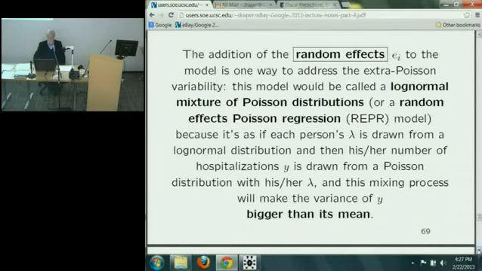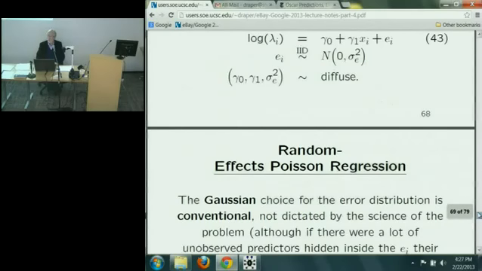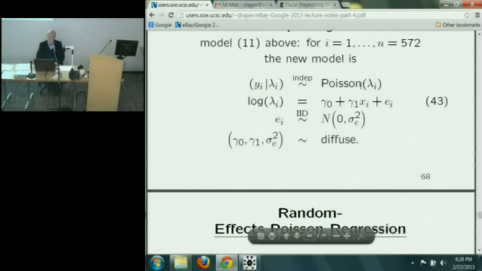As I mentioned before, this model would have two different names. It would be called a log-normal mixture of Poisson distributions, and another name for it would be an REPR model, a random effects Poisson regression model. See how it has a regression structure on line 2, a Poisson structure on line 1, and a random effects structure on line 3.